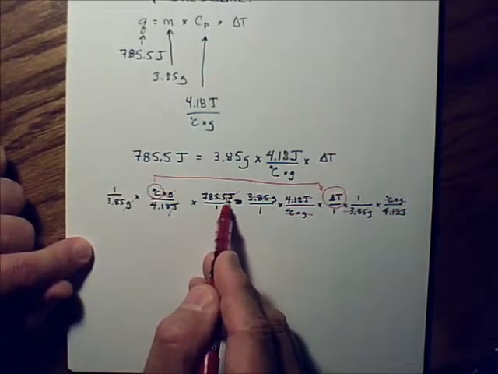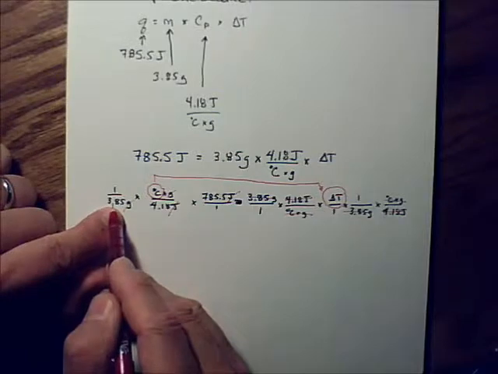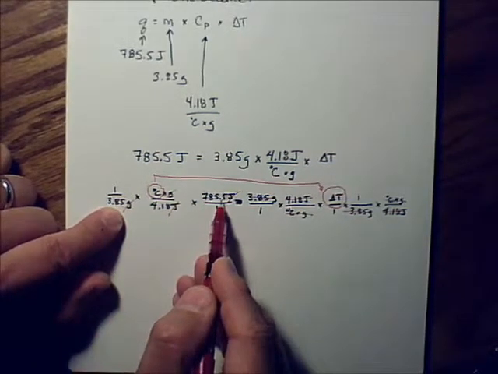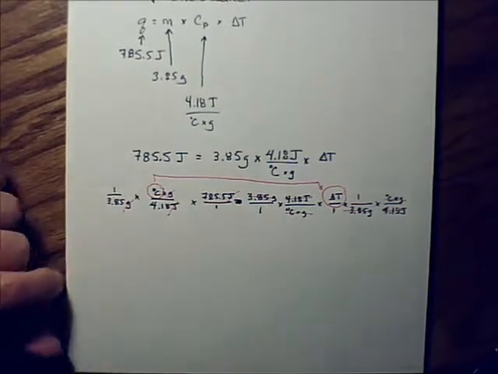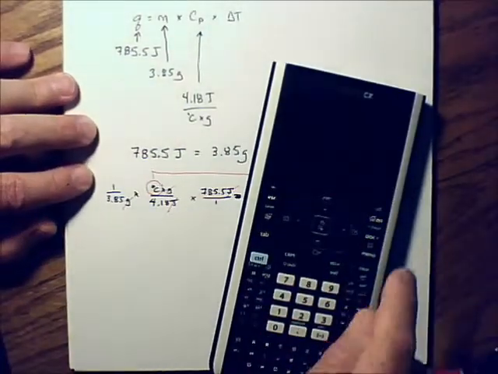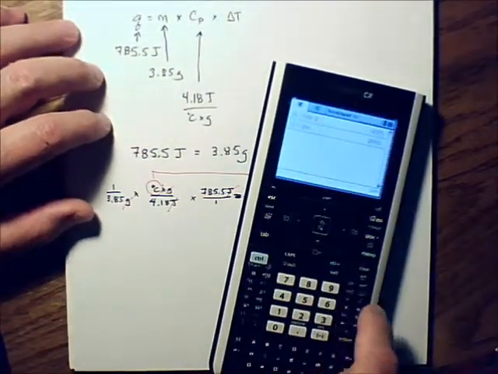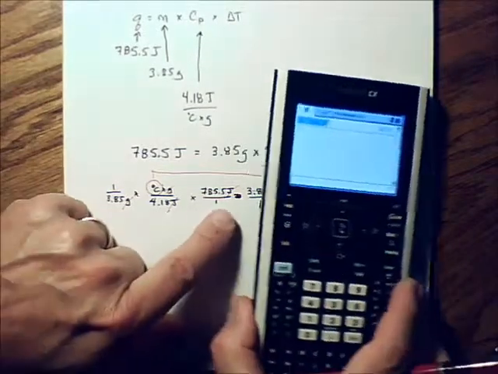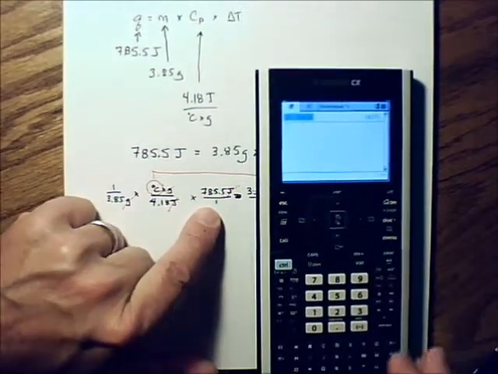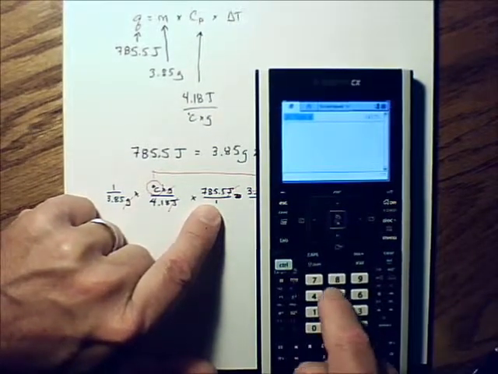You take this number on the top, divide by this number, hit equals, and then take that answer and divide by this number. So let me walk you through that, because some of you probably aren't aware of how that works. We're going to take what's on the top here, 785.5.